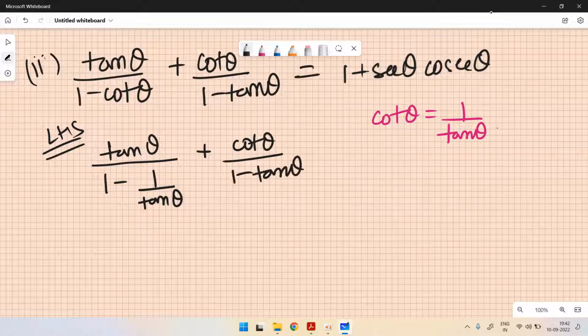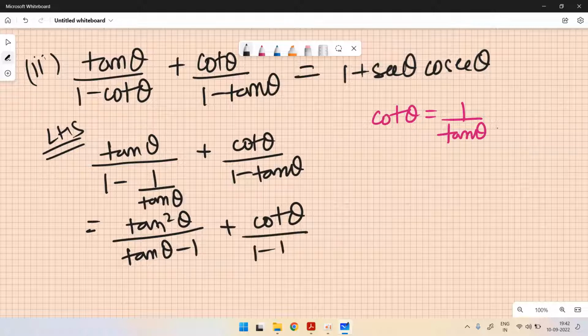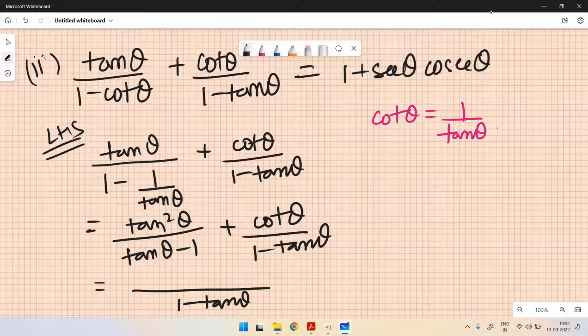I take tan theta in my LCM, so this denominator expression will come to numerator: tan square theta by tan theta minus 1, plus cot theta by 1 minus tan theta. So I can take LCM as 1 minus tan theta. When I take 1 minus tan theta, minus 1, this is 1 minus tan square theta, and this is cot theta.